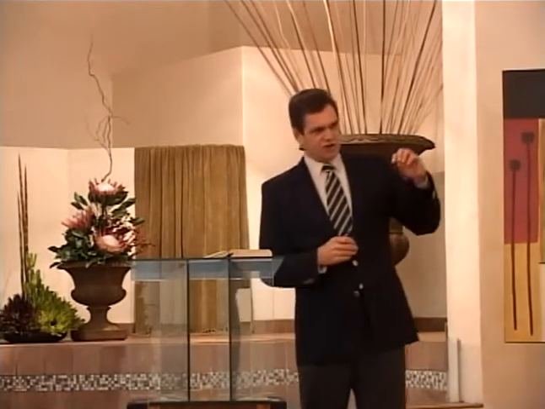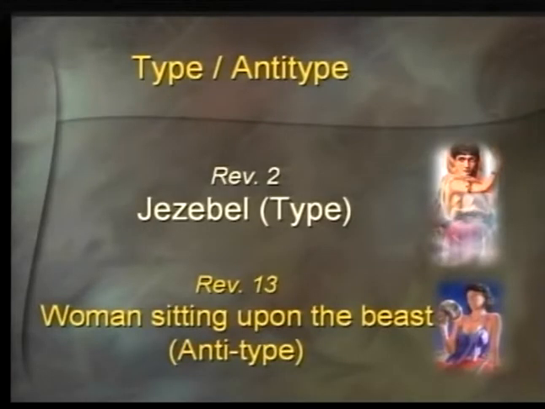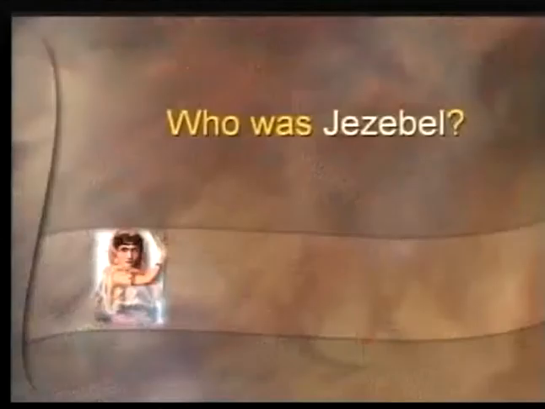Even the book of Genesis, part of that, reflects to the middle of Revelation. So let's have a look at this woman, Jezebel, and the woman who sits upon the beast, because they are a type and an antitype. If we look at Jezebel, we will understand the other woman a little bit better.